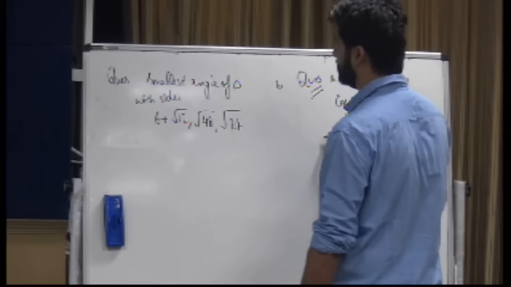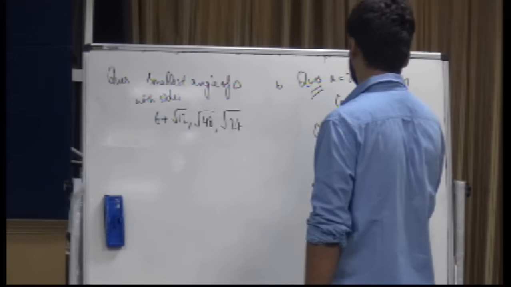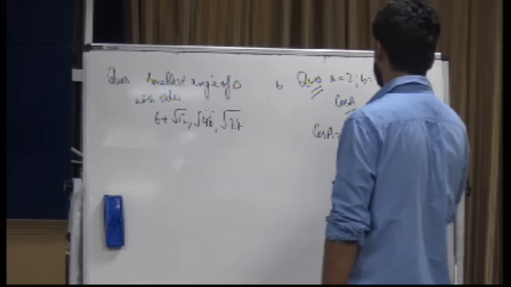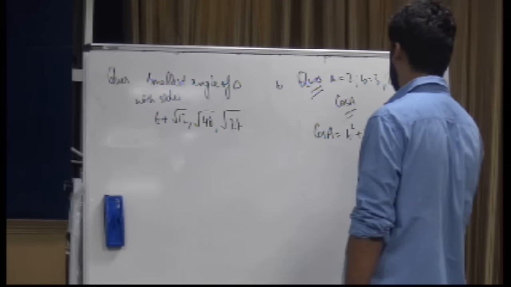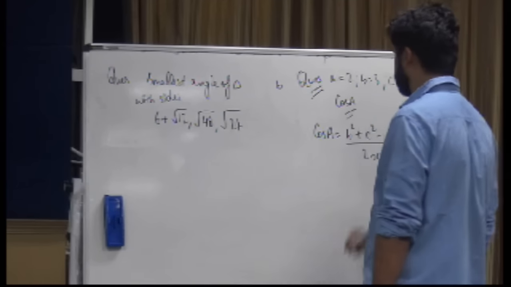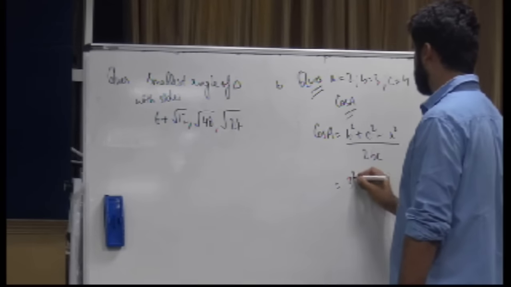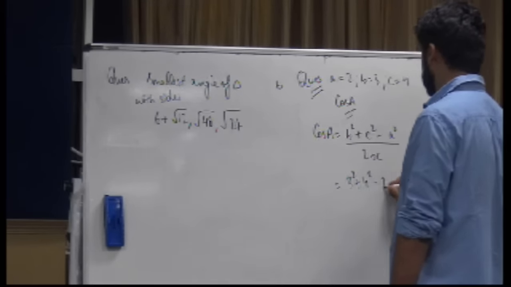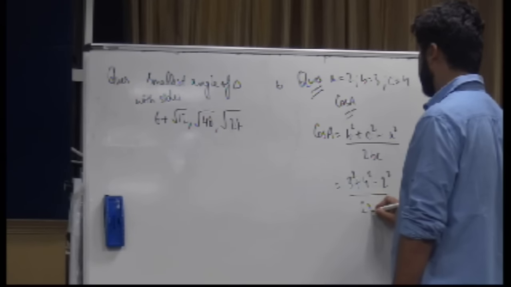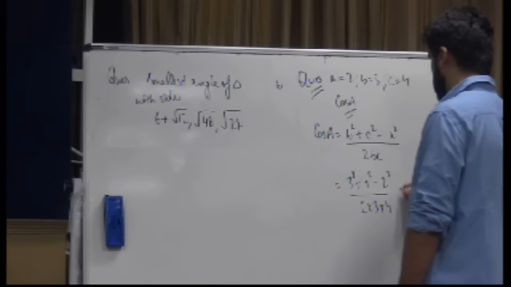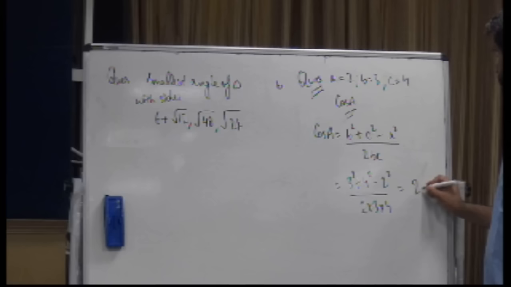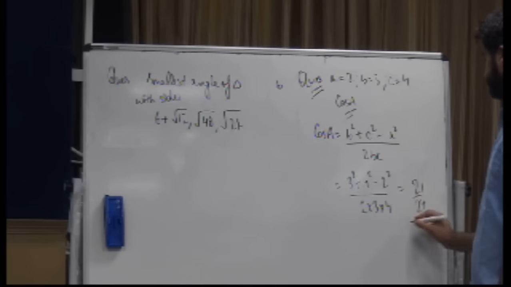So cos A is B square plus C square minus A square upon 2bc. So this is 3 square plus 4 square minus 2 square upon 2 into 3 into 4. So 25 minus 4 upon 24, 7 by 8.